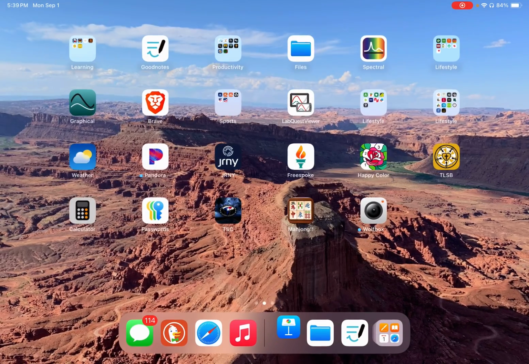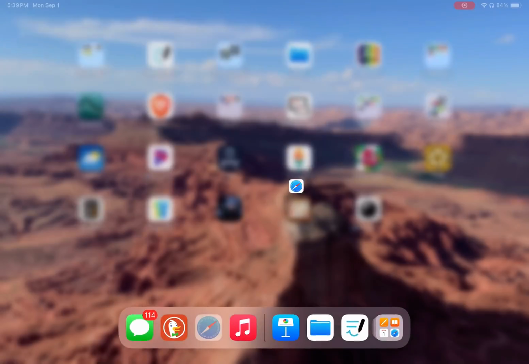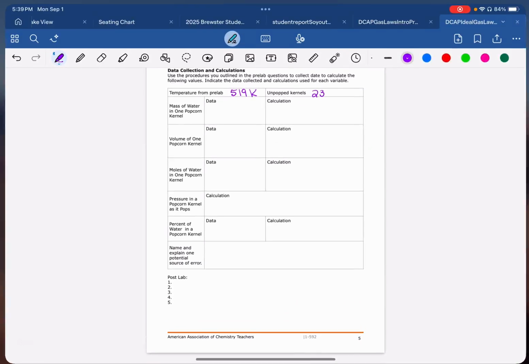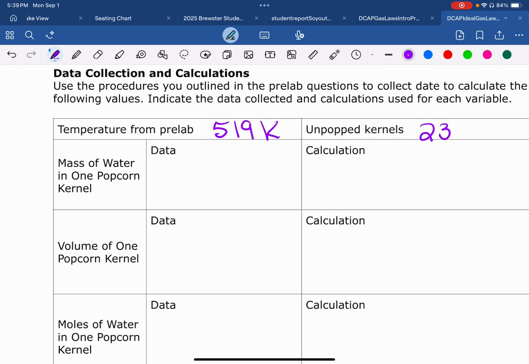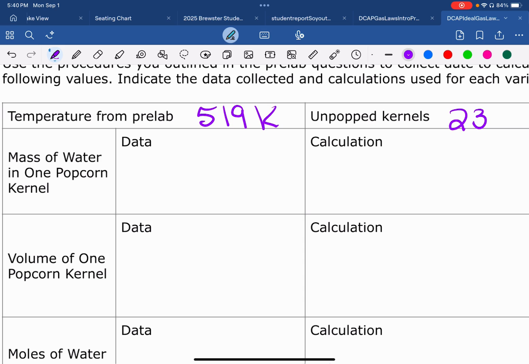Okay, so I'm going to step you through how to do this. We have to know what our temperature is from pre-lab, and I'm going with the fact that I only had 23 kernels that popped. Make sure you know what your weighing paper is beforehand.